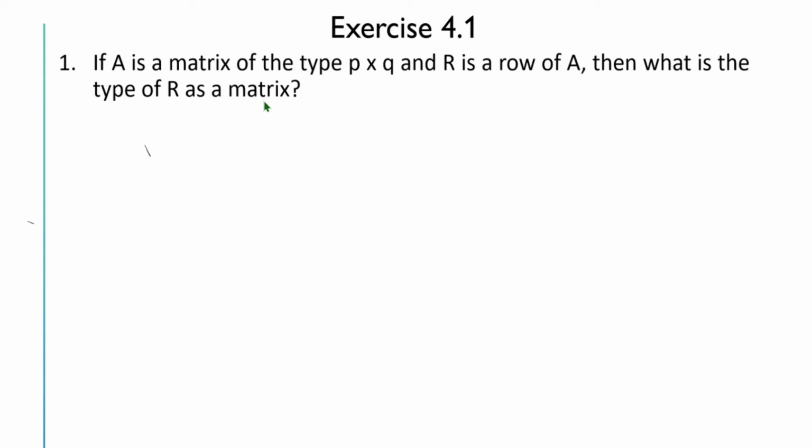A matrix. So it is given A is a matrix of the type P by Q. Here it means A has P rows and Q columns.